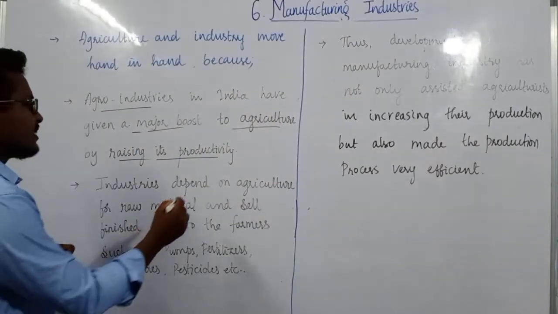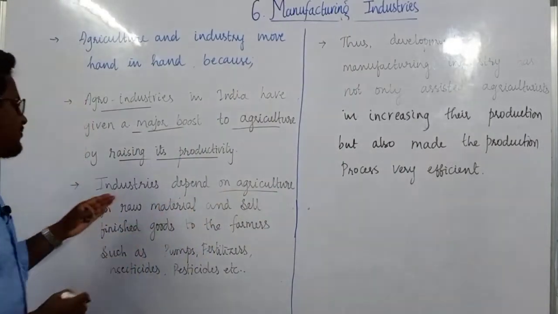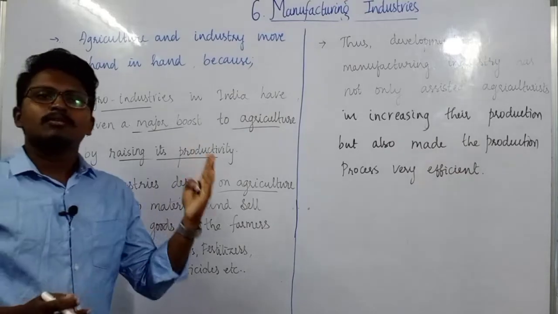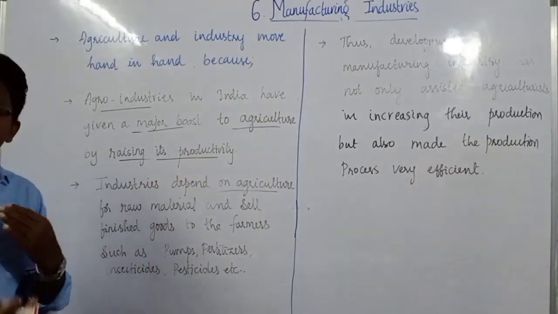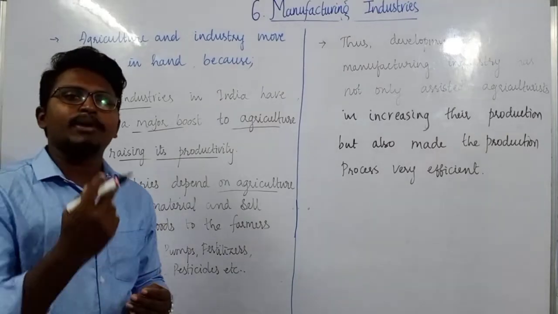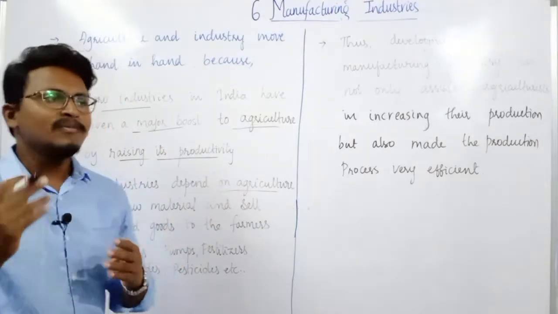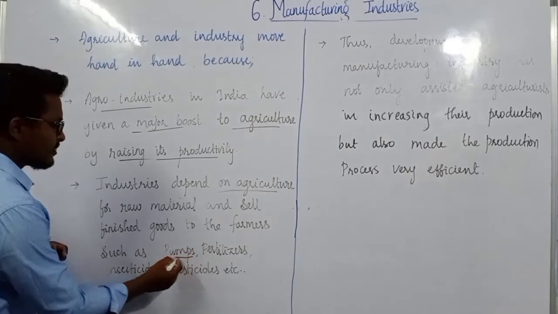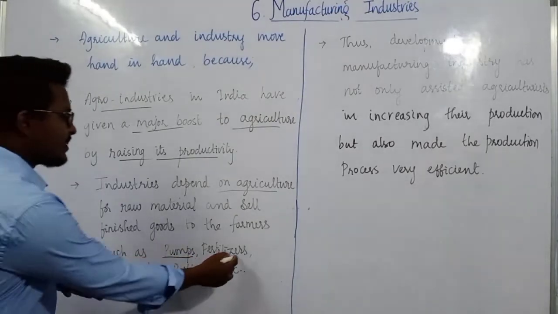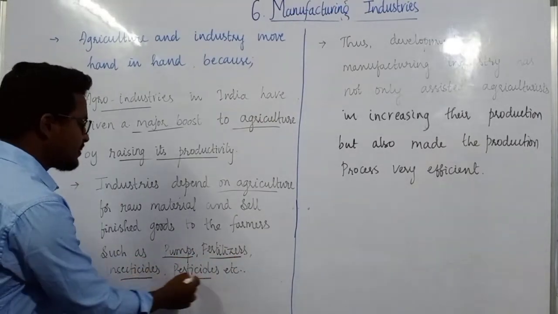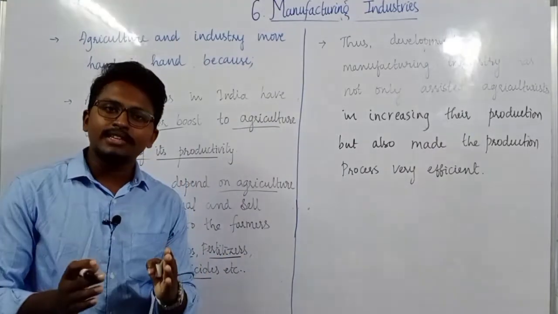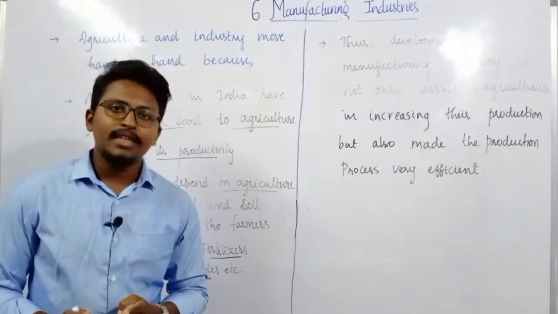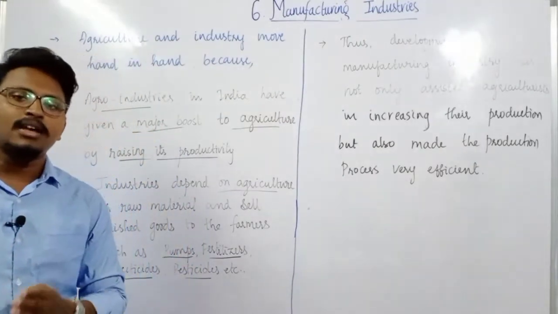Then the next thing is that industries depend on agriculture for raw materials. As you all know, most industries depend upon agriculture for raw material, and in return agriculture also depends upon these industries. How? You can take pumps, fertilizers, insecticides, pesticides, or whatsoever it may be. All these things are manufactured in industries, and they are all required for agriculture.